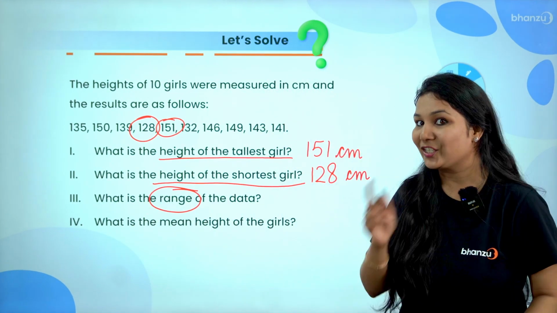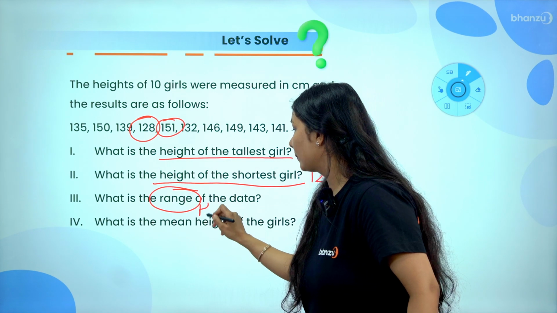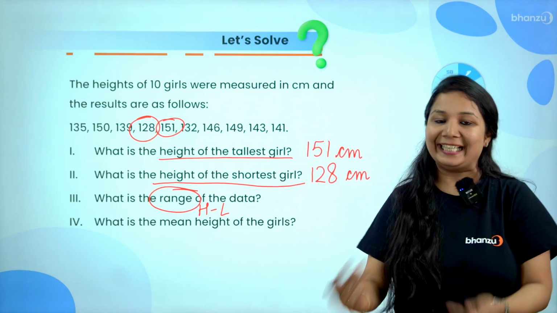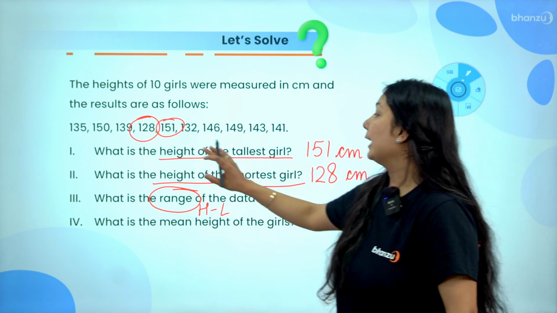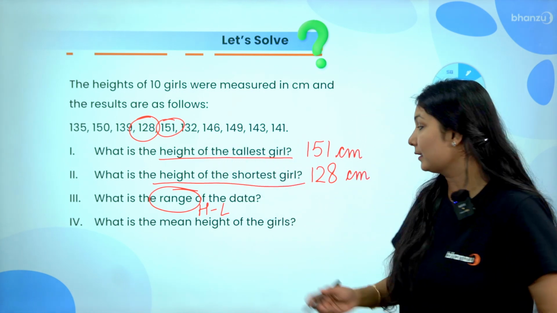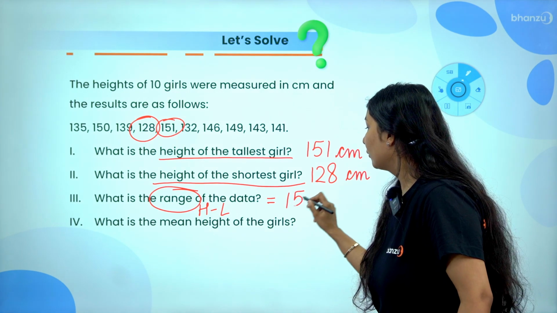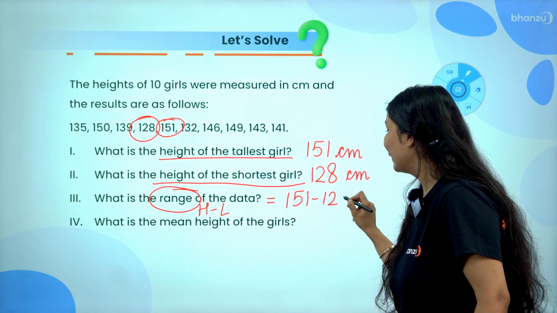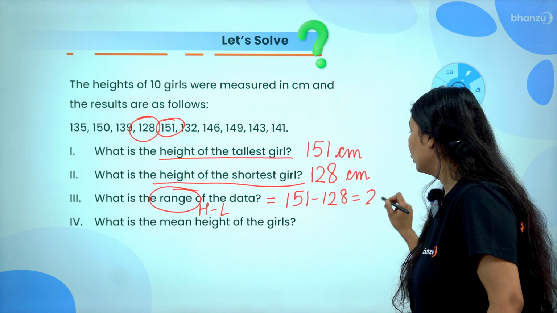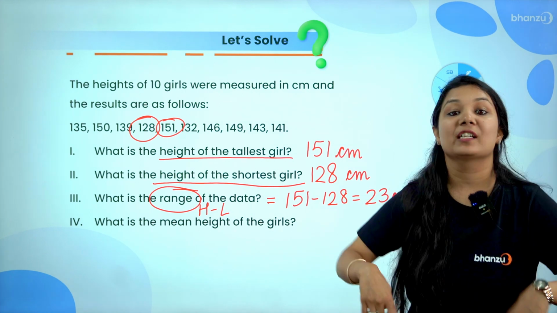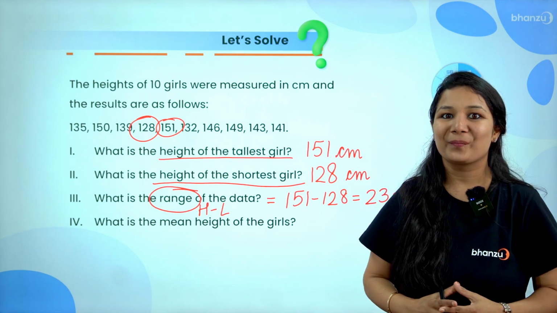What was range? Remember, highest observation minus lowest observation. So here in this question they mean height of the tallest girl minus height of the shortest girl. So that is actually 151 minus 128. That would give you 23 centimeters. We have just applied the formula for range.